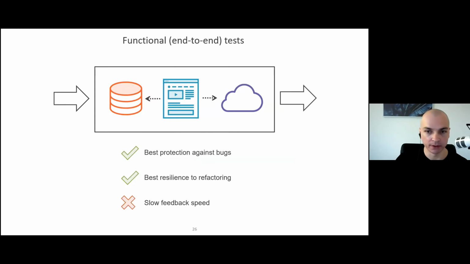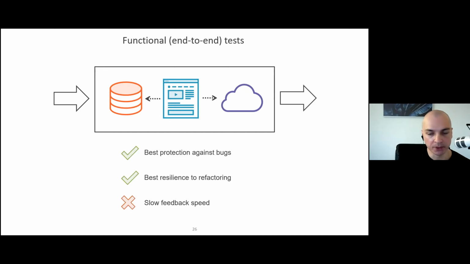So the first example is end-to-end tests. They are sometimes called functional tests, and they are tests that verify your system end-to-end. They verify not just your code, but also the code your system integrates with, such as the database, some payment services, and so on and so forth. And such tests provide you with the best protection against bugs, because they go through a lot of code, not just your code, but also the code that your code integrates with.